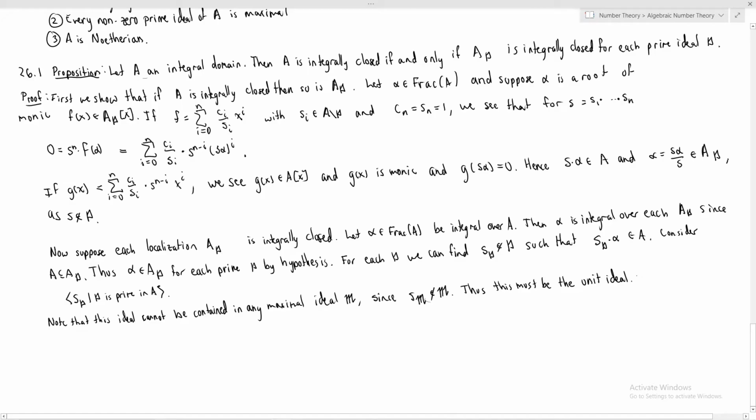What does this tell me? This tells me we can find a collection of c_i's in A and a collection of P_i's such that the sum from i equals 0 to n of c_i s_{P_i} equals 1.